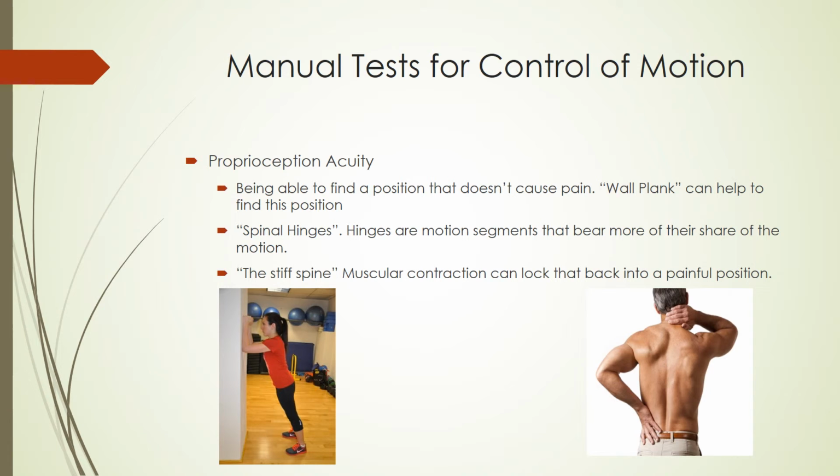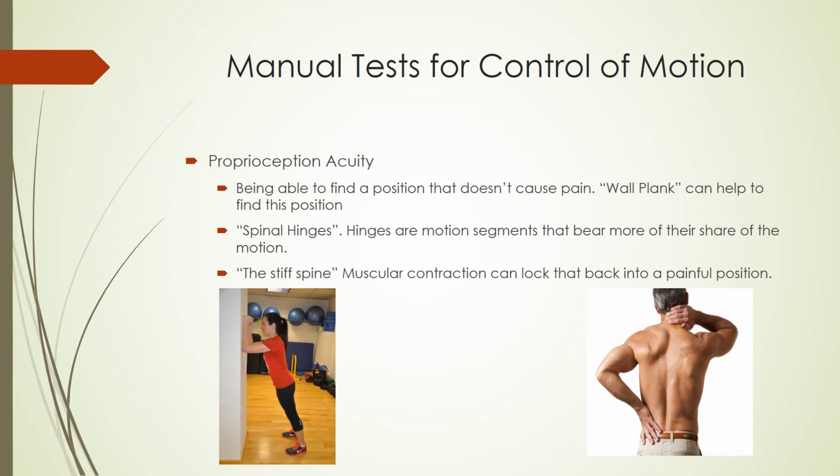So here are some manual tests for control of motion. Your proprioception is also very important. There's one called the wall plank, and the goal of this position is to find the position that doesn't cause you any pain.